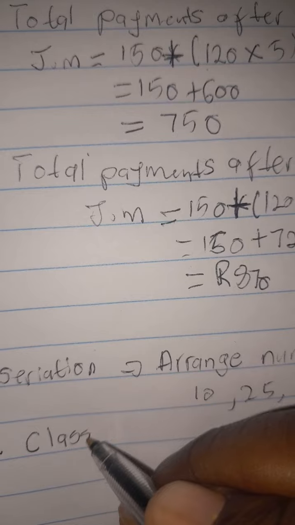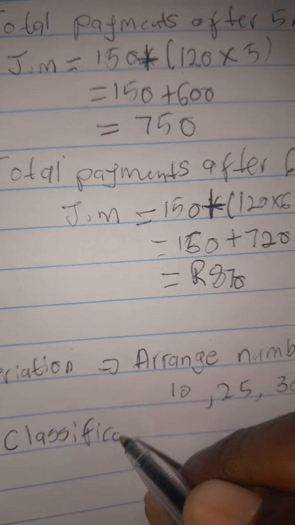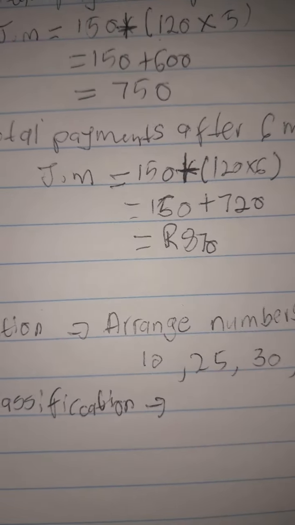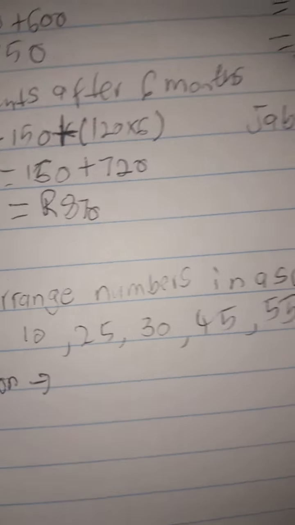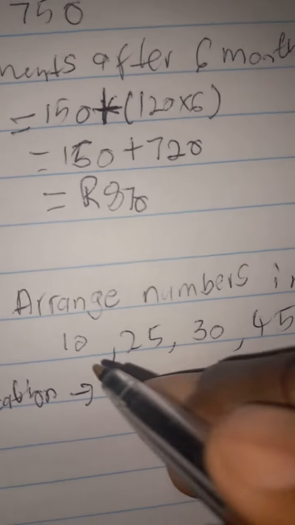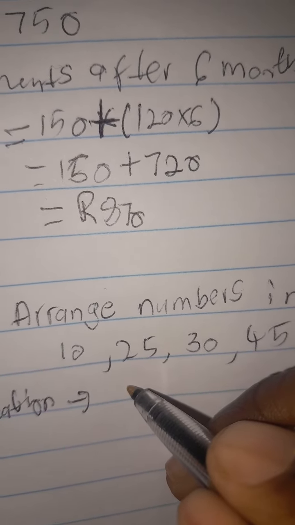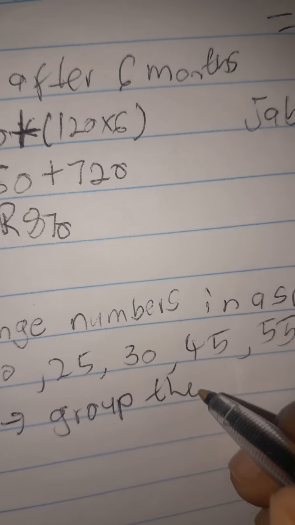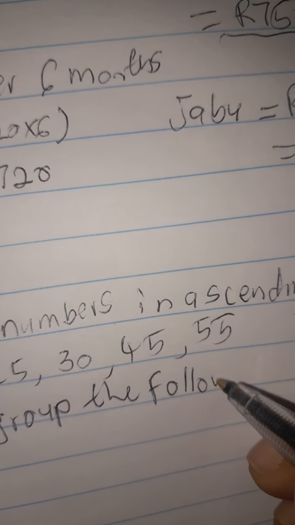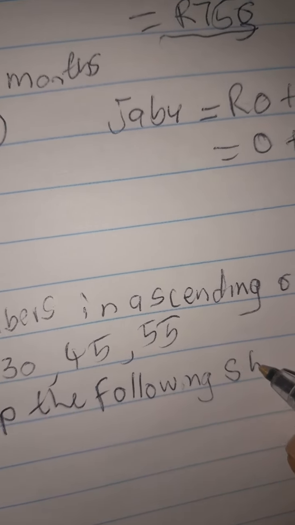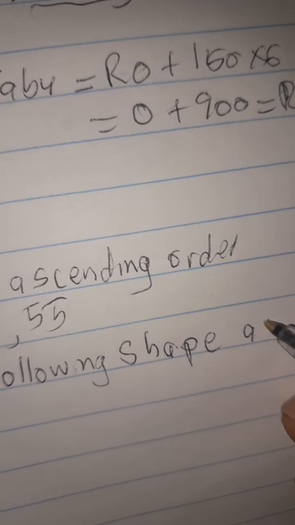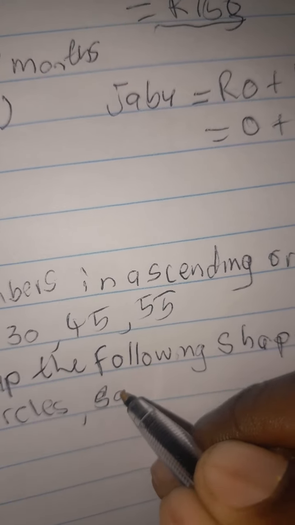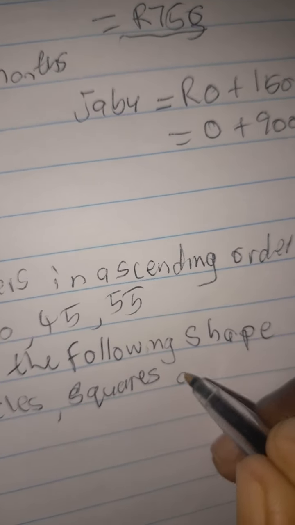What is classification, guys, under relational skills? It's very important to go through your study guide and read your notes. Classification has to do with grouping things. So you can group things, guys. For example, the activity that I can give learners is to group the following shapes as maybe circles, squares, or triangles.